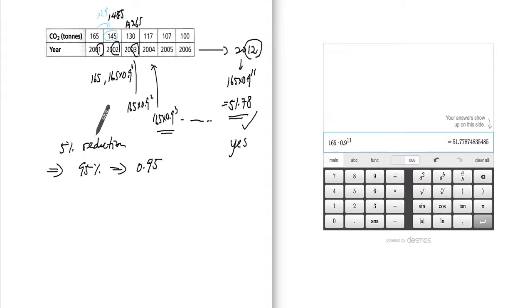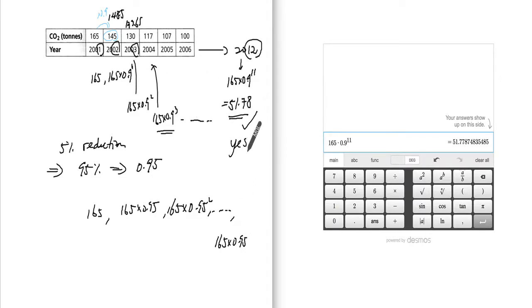So the first number, we'll start with 165, and then it'll be 165 times 0.95. The next one will be 165 times 0.95 squared, right? All the way up to year 12, it'll be 165 times 0.95 to the power of what?